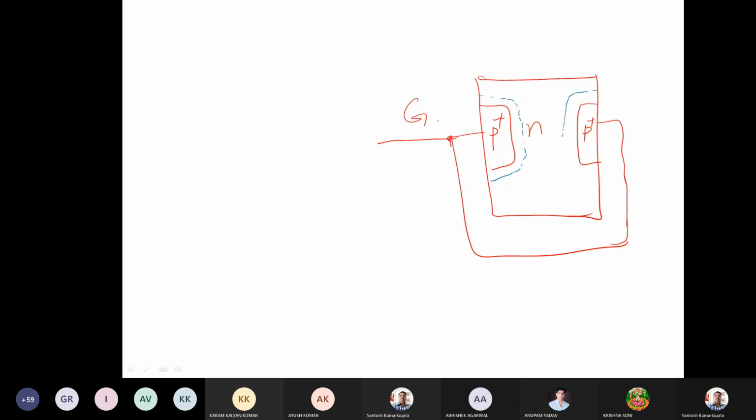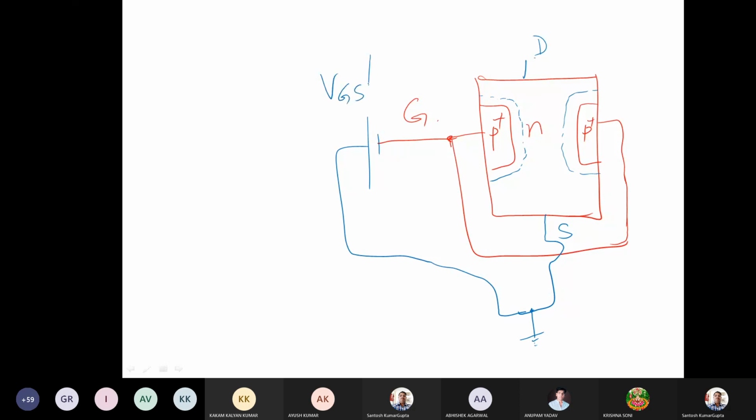If the reverse biasing voltage VGS is increased, then this depletion region will also increase more and more into the channel.